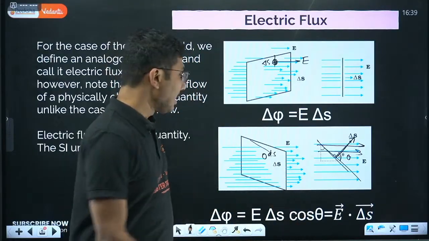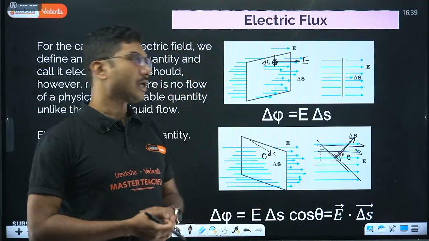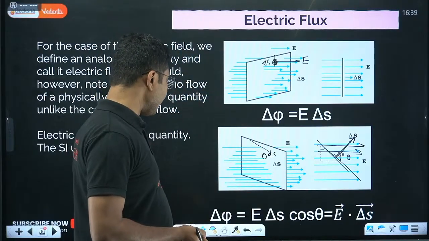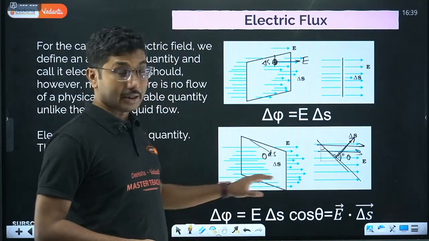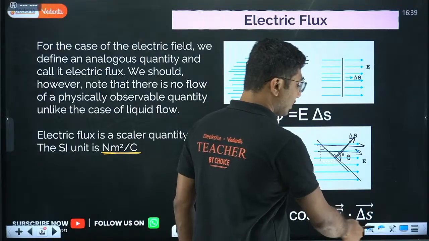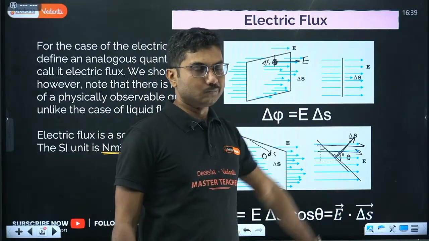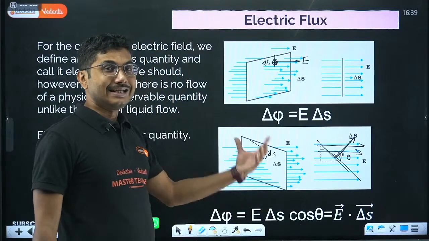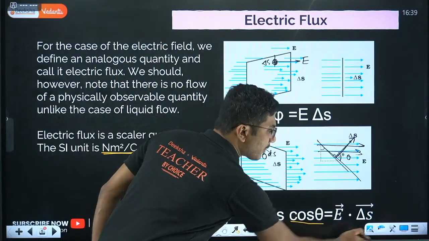And we know that surface area is a vector quantity, and electric field is also a vector quantity. When two vector quantities are multiplied and the resultant is a scalar, then definitely it is a dot product. So it can be represented as E dot delta S. This cos theta is basically absorbed by the dot product.